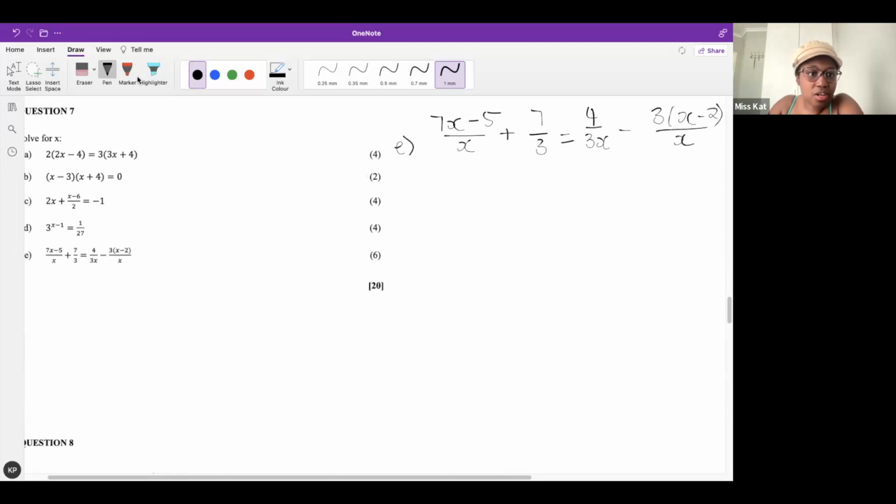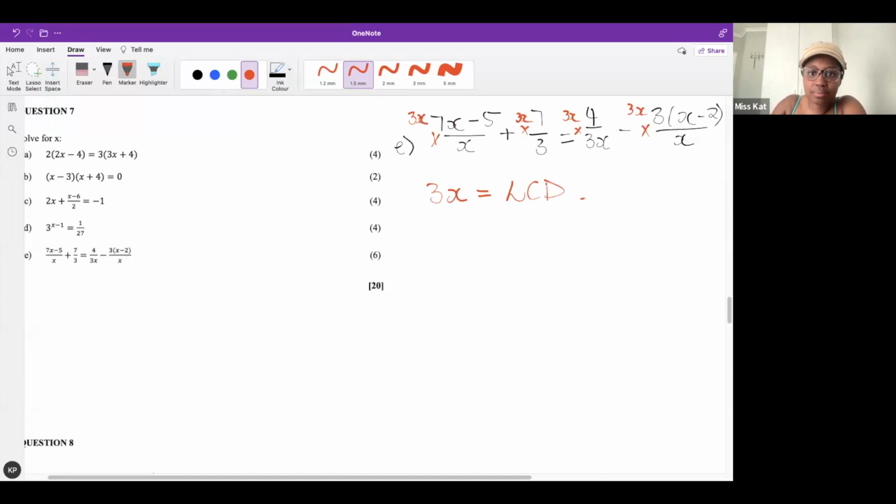Lowest common denominator. It's 3x, okay? They either all have a 3 or they have an x. Do you see that? So 3x is our LCD. What do we do with our LCD? Multiply by everyone. Okay, so I'm going to go here and say times 3x, times 3x, times 3x, times 3x.